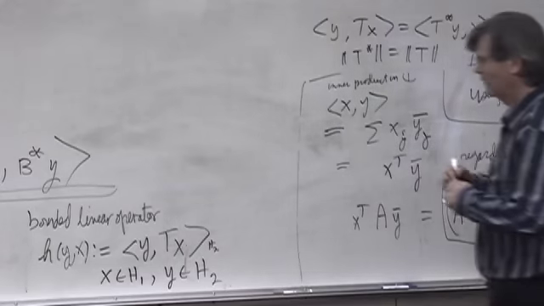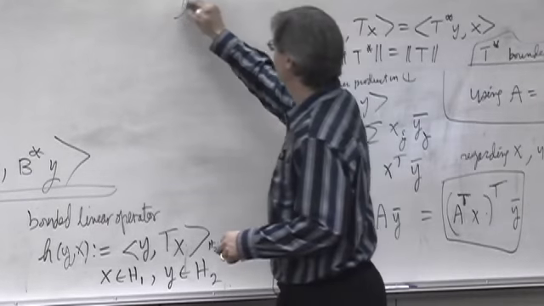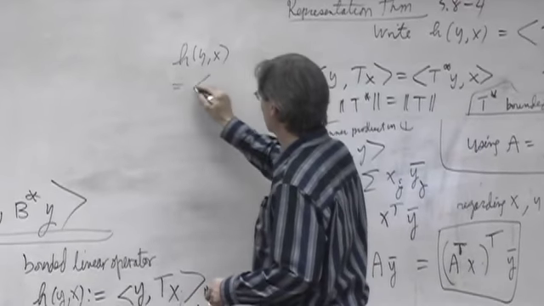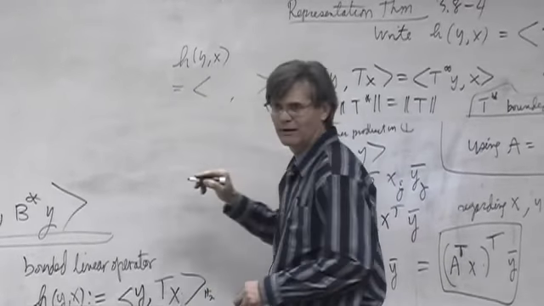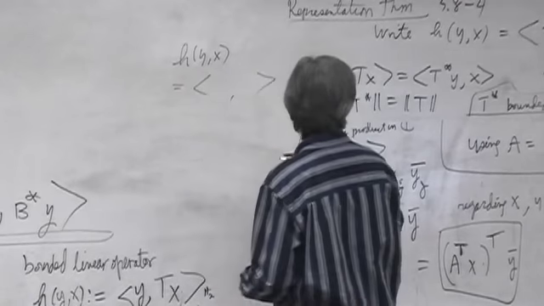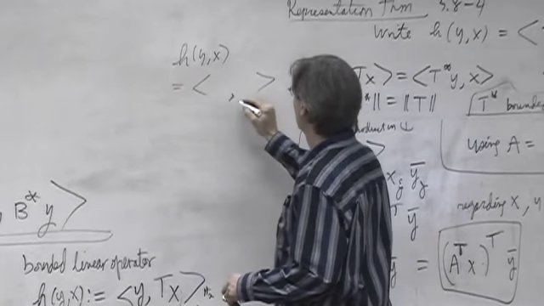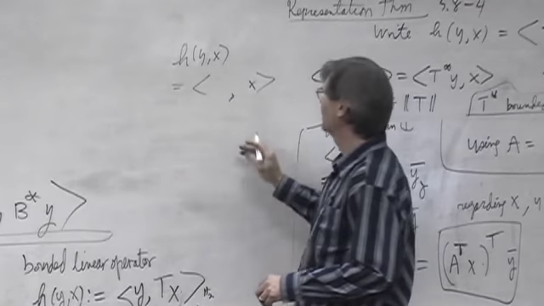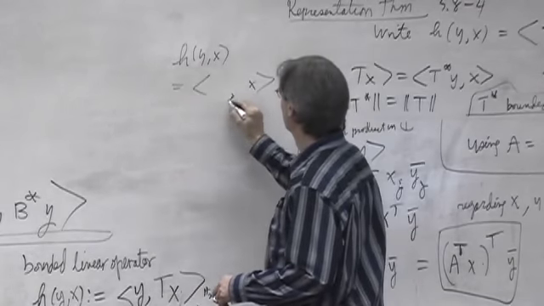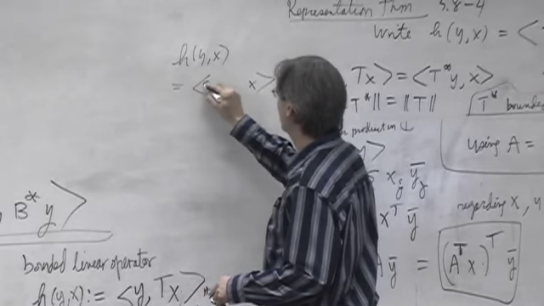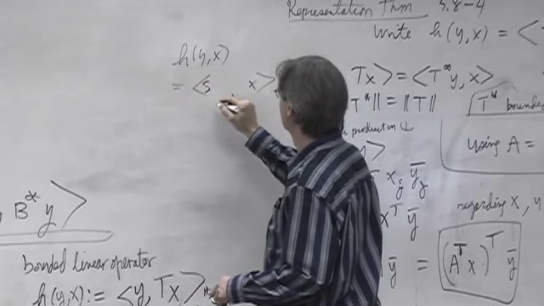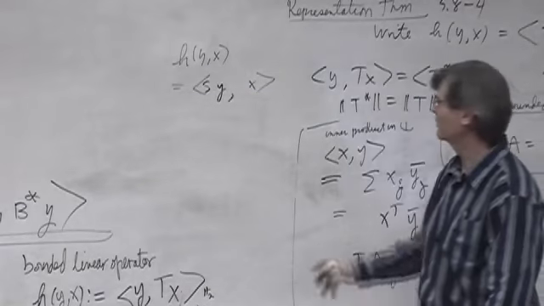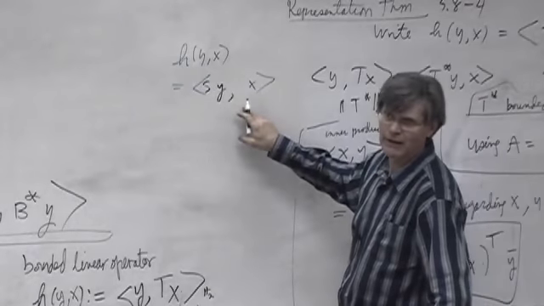Because any of this h of y, x, if that is one of these sesquilinear forms, I'm going to be able to write it in terms of an inner product with x on the right side, if that's the conjugate linear part. And this is going to be some operator applied to y. So any sesquilinear form is going to be written out like that.